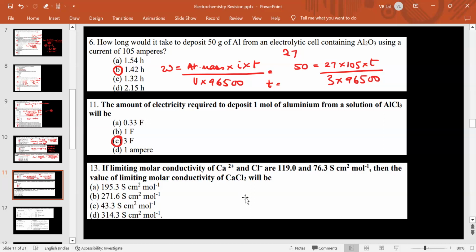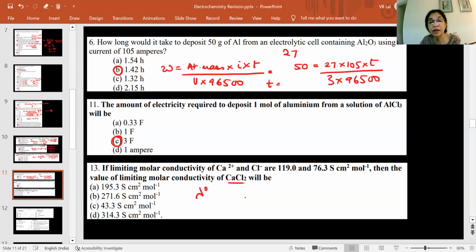If limiting conductivity of calcium and chloride ions is given there, then value of limiting molar conductance will be how much of calcium chloride, right? So limiting molar conductance, you can write this. Limiting means molar conductance at infinite dilution of calcium chloride will be equal to what?